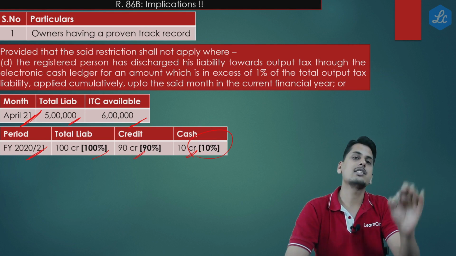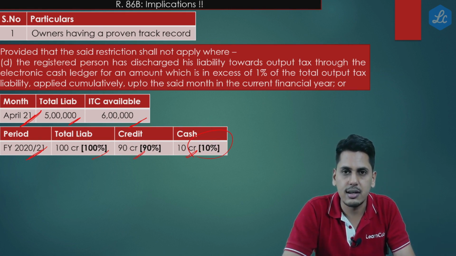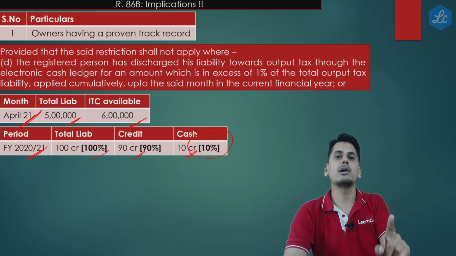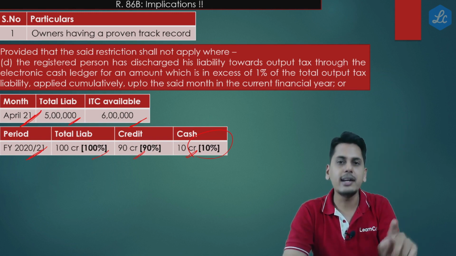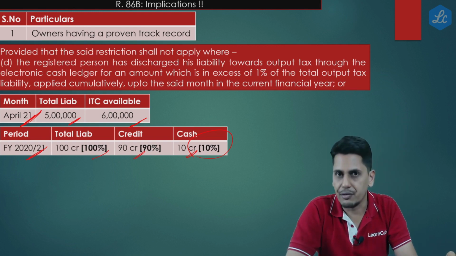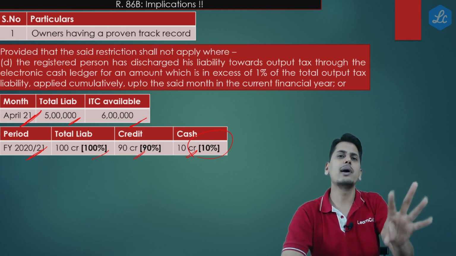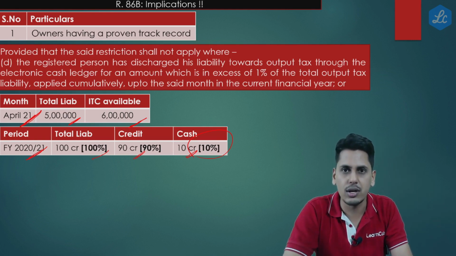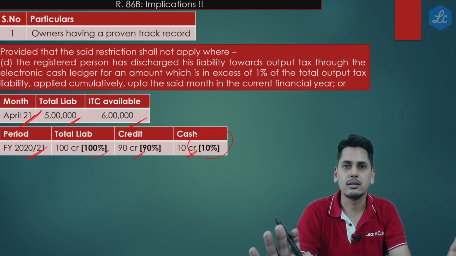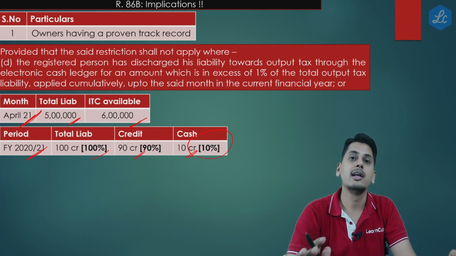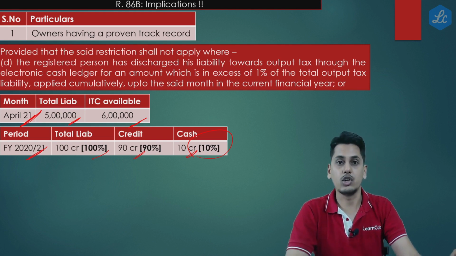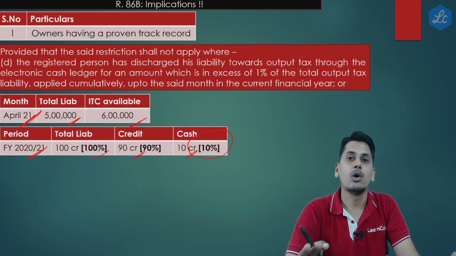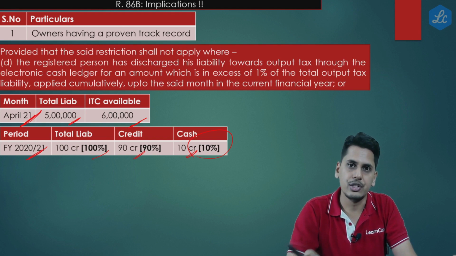But friends, as far as this relaxation is concerned, it is only and only bothered about the current financial year. If you satisfy it cumulatively in the current financial year, that is sufficient. In the past financial year, you might have paid 100% from cash ledger only. We are not bothered. Cumulative status, you can check it only in the current financial year.